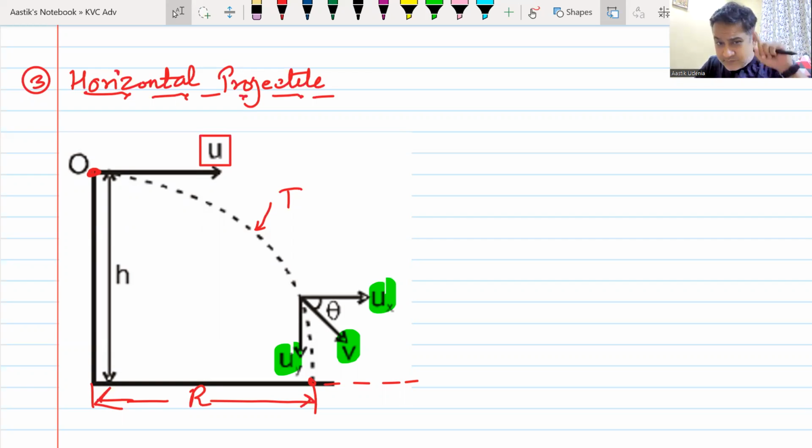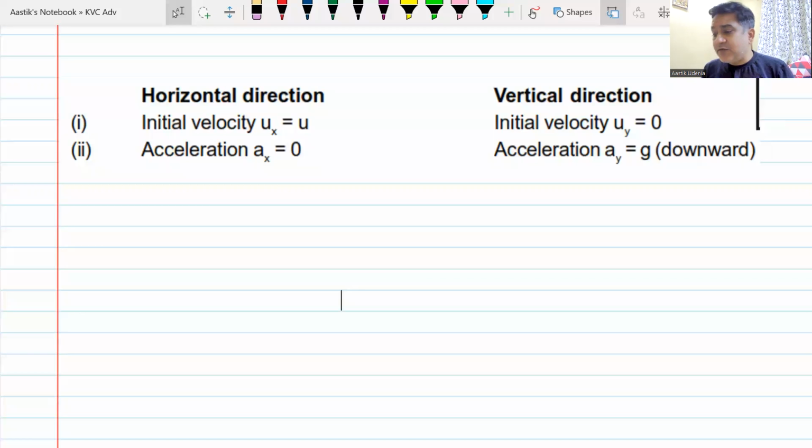We are going to write the formula straight away, but if you had to solve it, you would write the equation along horizontal and vertical. Along the horizontal direction, initial velocity ux is u, and final velocity will always be ux along x because it does not change. Acceleration along x is 0. Do we understand this?